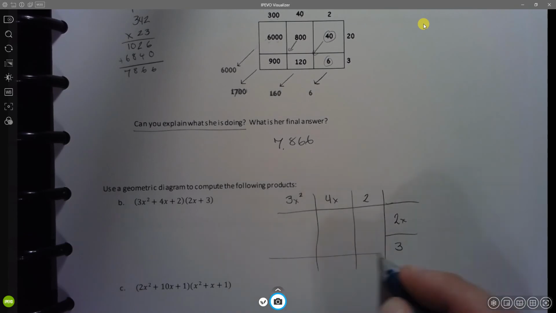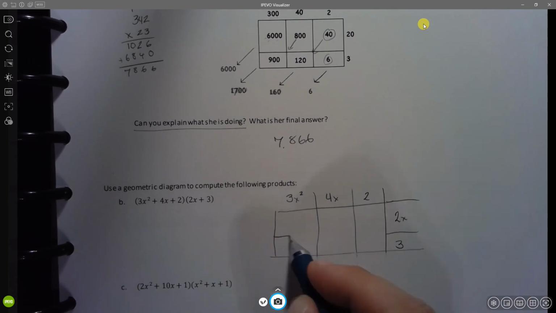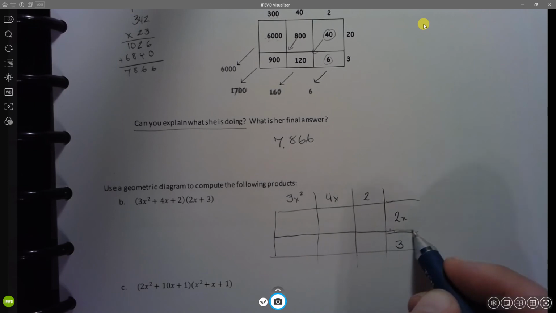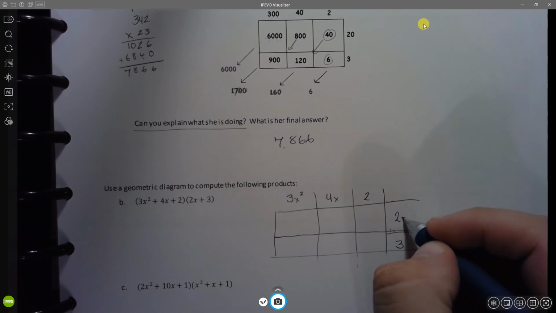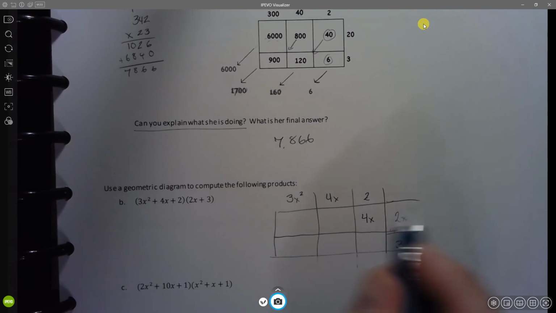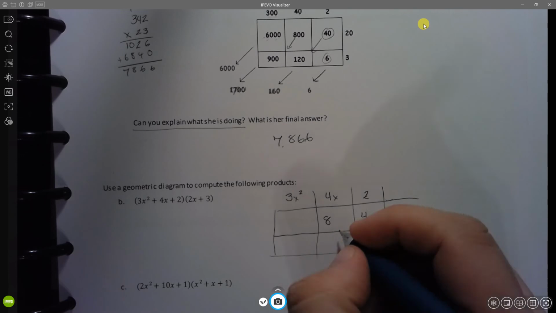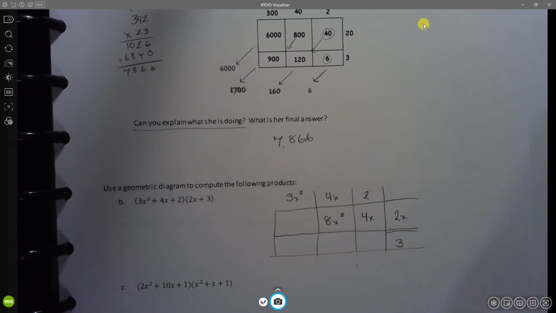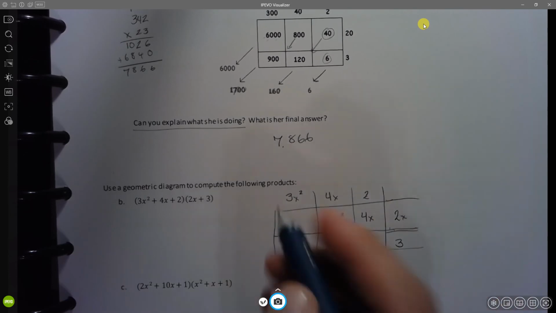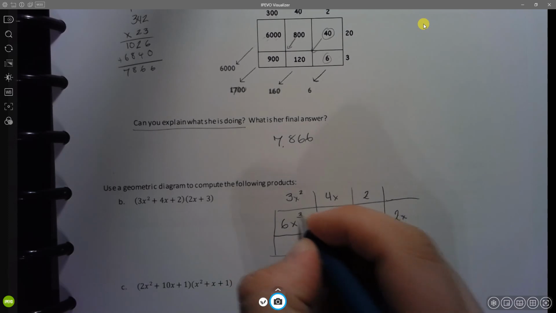So now we do the exact same thing that we did up there, but we're going to do it here. 2x times 2 is going to be 4x. 2 times 4 is 8. x times x is x squared. 2 times 3 is 6. x squared times x is x cubed.